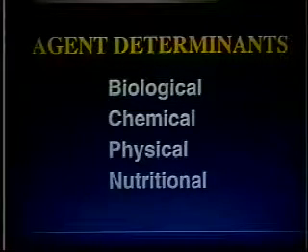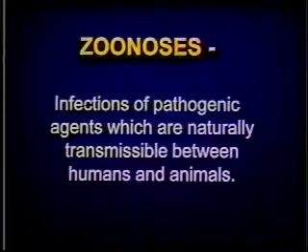But since we cannot cover this entire subject in the time allotted to us, we largely today will discuss the biological effects of public health, and specifically as it refers to zoonoses, which are infections of pathogenic agents, biological if you will, that are naturally transmitted between human and animals.